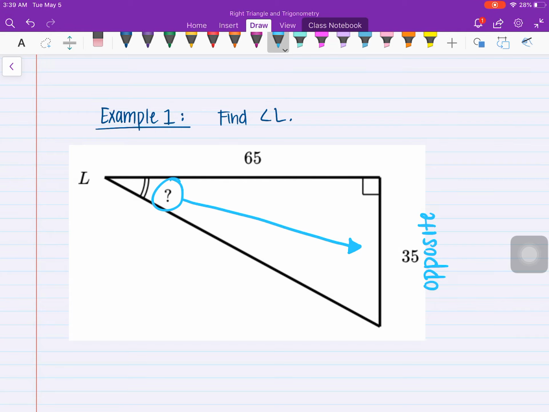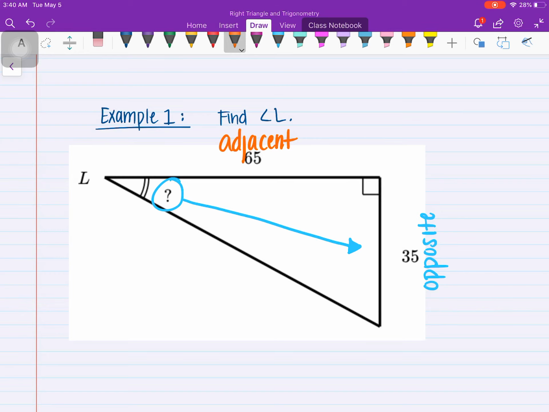If you notice, the other side that's given is this one here. This side is not opposite the right angle, so this means that this would be our adjacent side, and it's next to our opposite side.